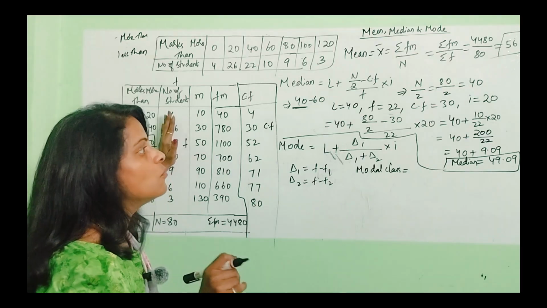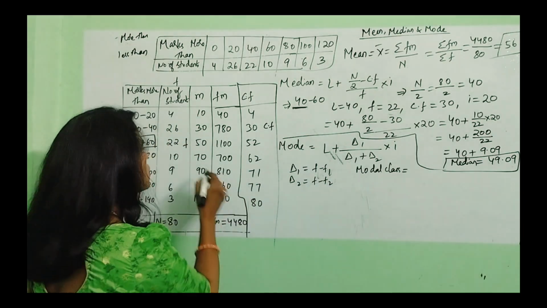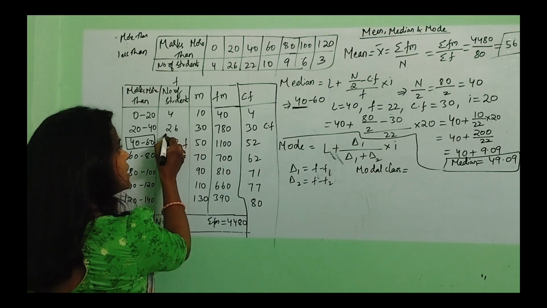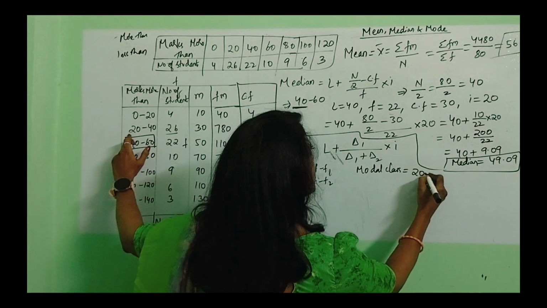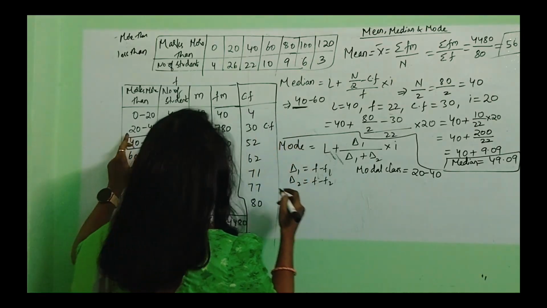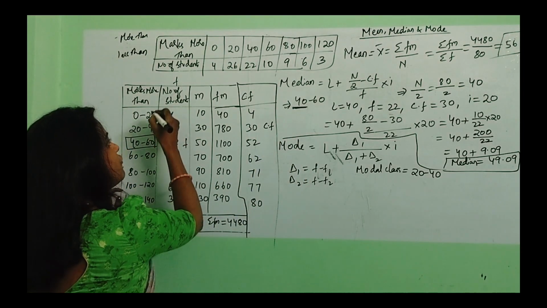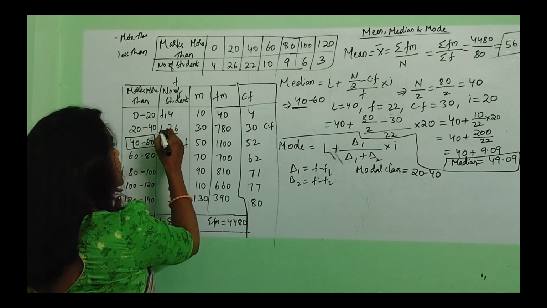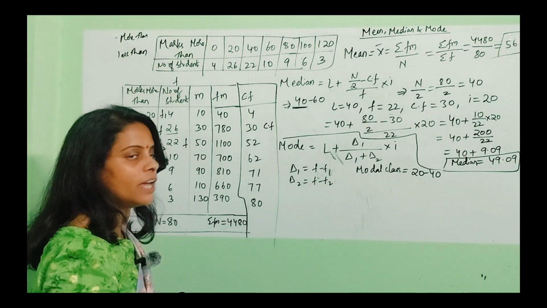Okay, so what is that? This value is the modal class because the highest frequency is 26. That will become the modal class. What is that? 20 to 40 will become the modal class, and this value will become F. Before value will become F1, after value will become F2. Okay, done.